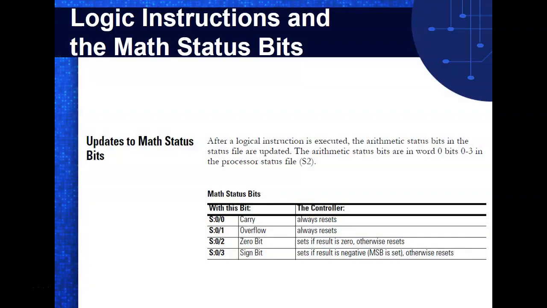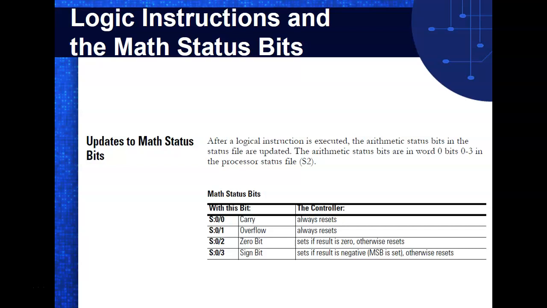These instructions actually update bits inside your math status register, but there are only two that we have. We have the 0 bit, which I could use to see if the answer to your logic was that all your bits turned out to be 0, all 16 of them.